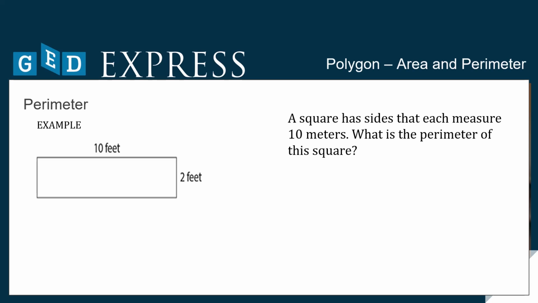Therefore, the perimeter is 10 plus 2 plus 10 plus 2, which is equal to 24 feet.